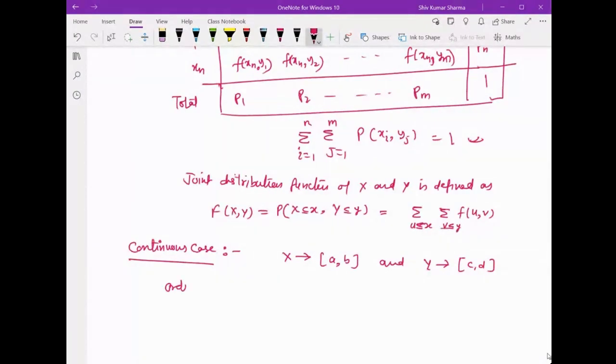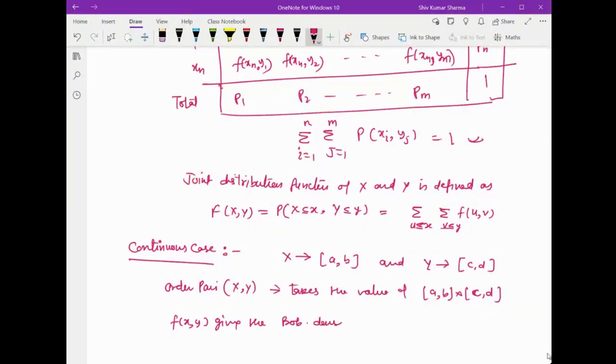So the ordered pair of random variables x and y takes values in the Cartesian product of [a, b] and [c, d], and the function f(x, y), here small f(x, y), gives the probability density at (x, y).